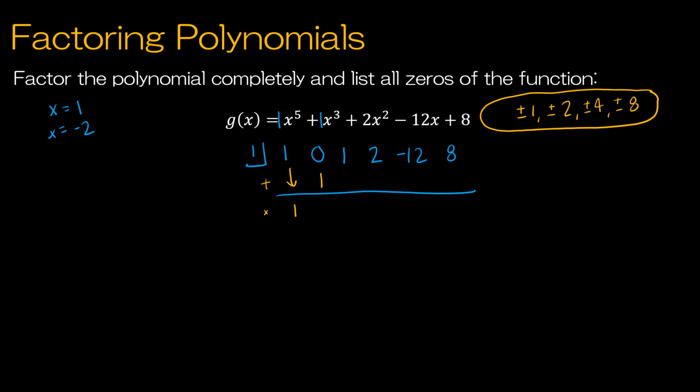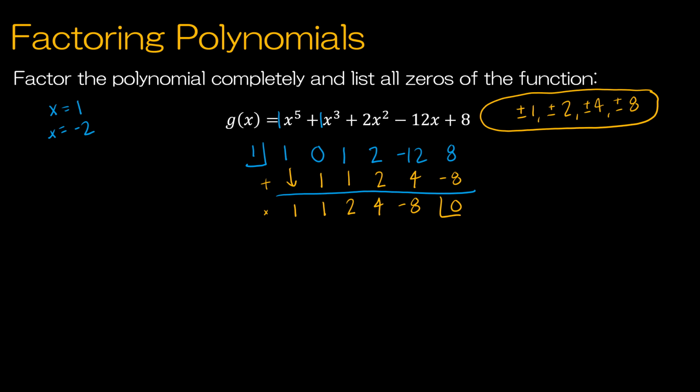So 0 plus 1 is 1, and then 1 times 1 is 1, and 1 plus 1 is 2, and 1 times 2 is 2, and 2 plus 2 is 4, 1 times 4 is 4, and negative 12 plus 4 is negative 8, 1 times negative 8 is negative 8, remainder of 0. I'm not even going to write that out, I'm just going to keep working.